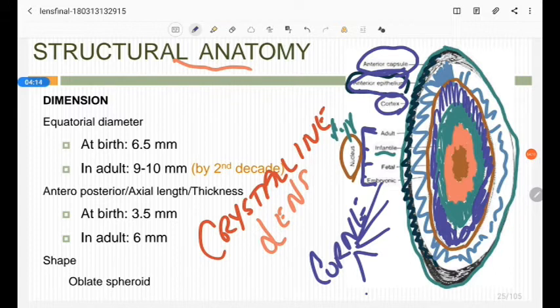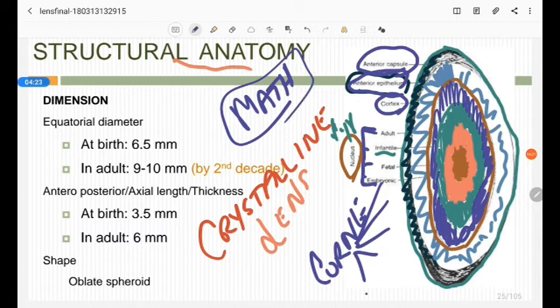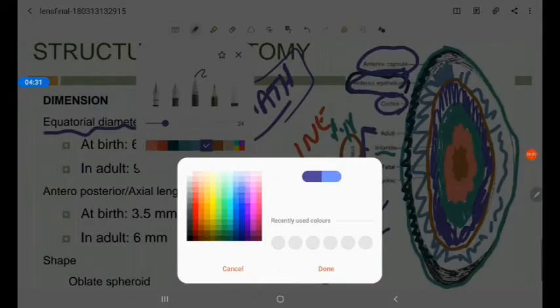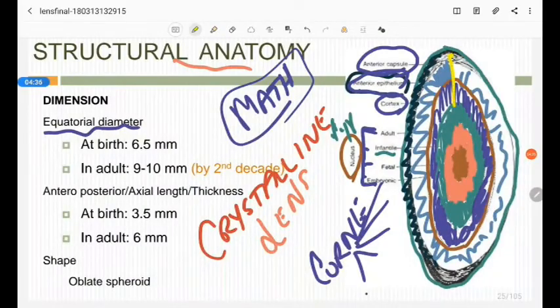Now with regard to the nucleus, there are a lot of numbers you have to know. To start with, the equatorial diameter, that is, the size of the nucleus vertically.